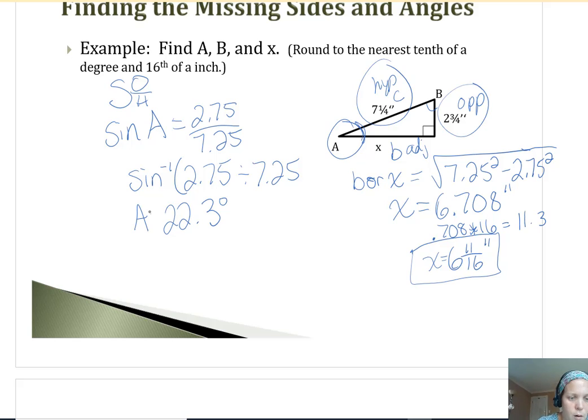I'm going to make sure to put A there so I don't get them mixed up. We said it should be pretty small, so that's good. Now to get angle B, I could do 90 minus that: 67.7 degrees.